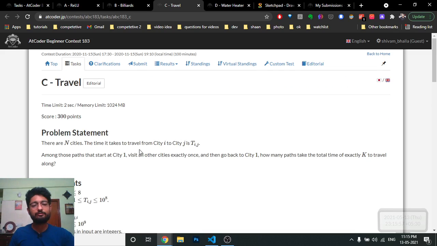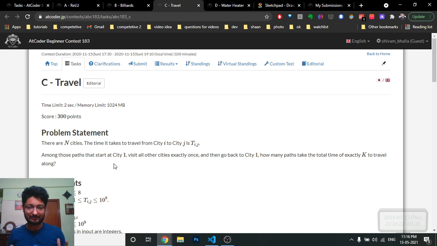Now you can go around on any path, meaning you can first go to city 1, then 2, then 3, then 5. The problem statement asks you to always start from city 1, visit all the other cities exactly once, and then come back to city 1 again.